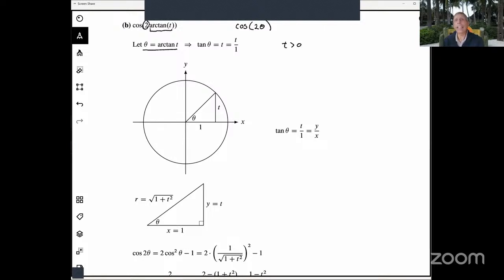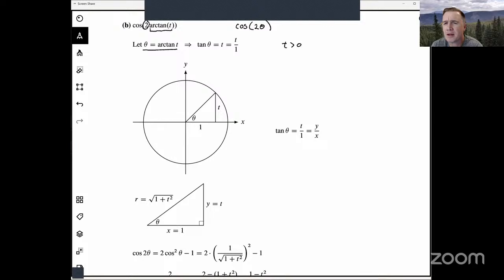I didn't write this in here, but this means that if t is greater than 0, the theta has to be in quadrant 1. How do I know that theta has to be in quadrant 1 here?